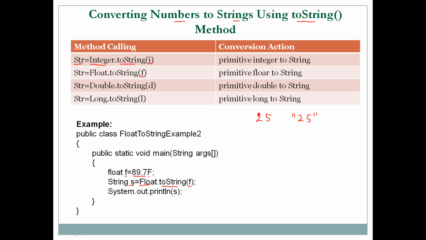And when I print s, it will print the same value, that is 89.7, but it is of type string. It is not of type float, but of type string. Okay, so this is how we can convert a number to string by using the toString method.